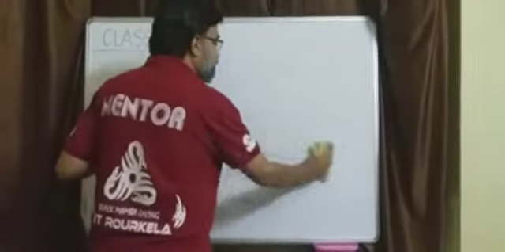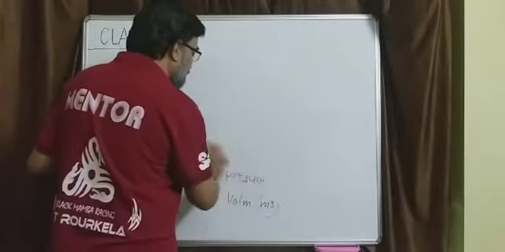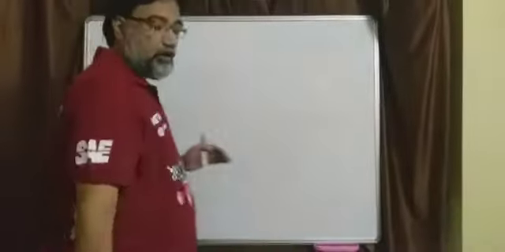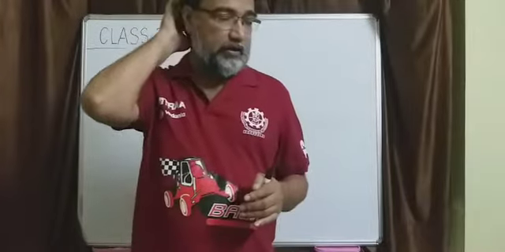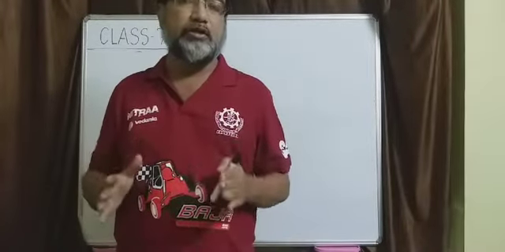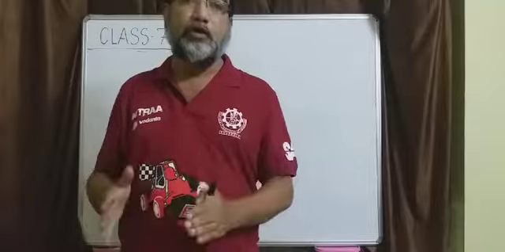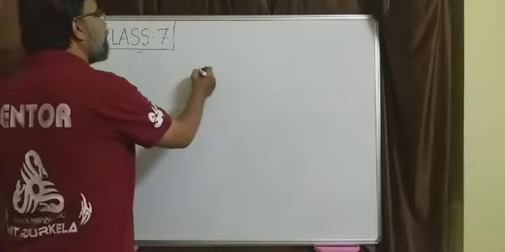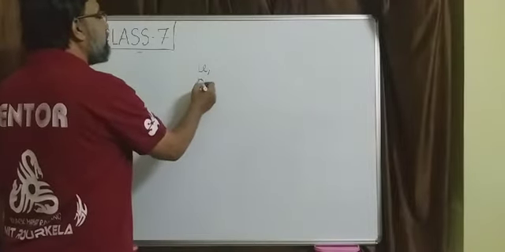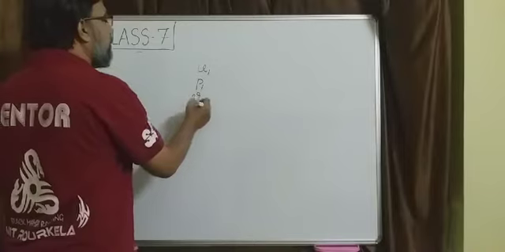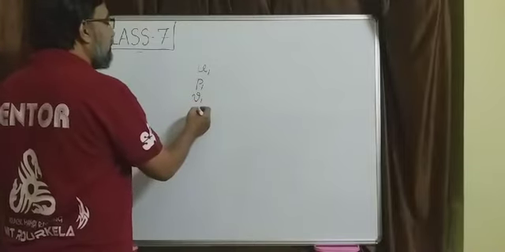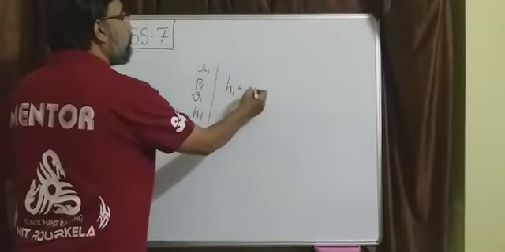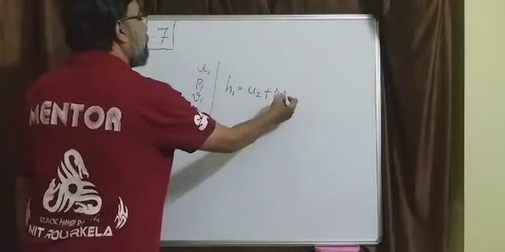So today we know about a few things that are important for problem solving. One is enthalpy. Quantitatively it is the sum of internal energy and flow energy of a system at any particular instant, at any definite state. If U1 is the internal energy, P1 is the pressure, V1 is the specific volume, and H1 is its enthalpy, then we can write H1 equal to U1 plus P1 V1.